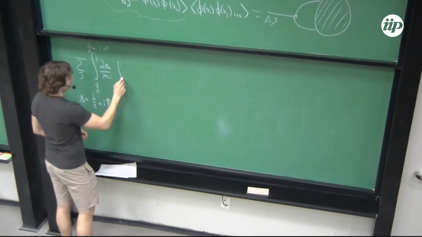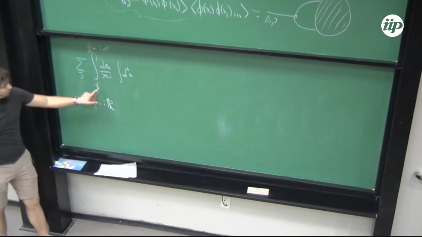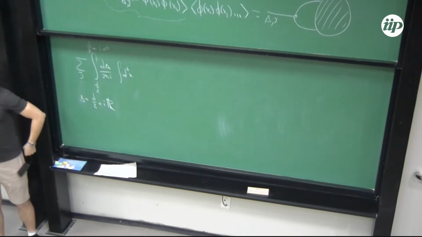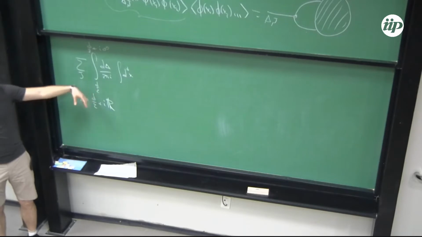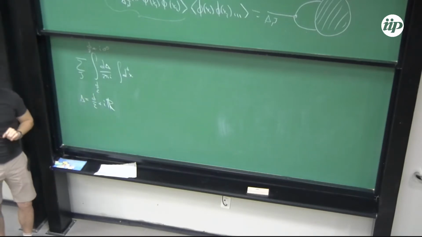And you start from d over 2, because the representations with plus and minus are equivalent, so you can take only half of the integral.